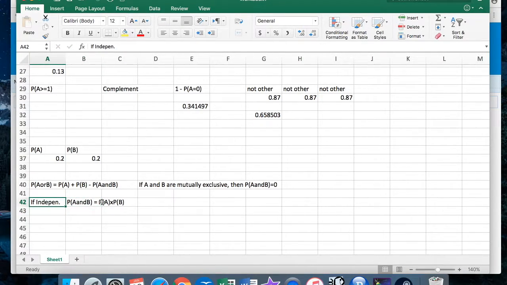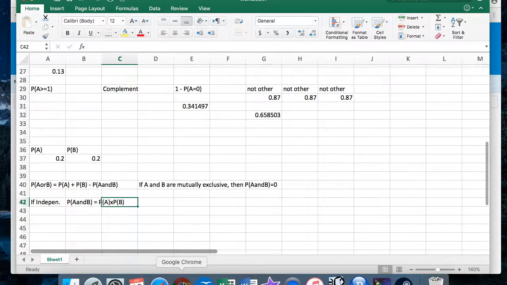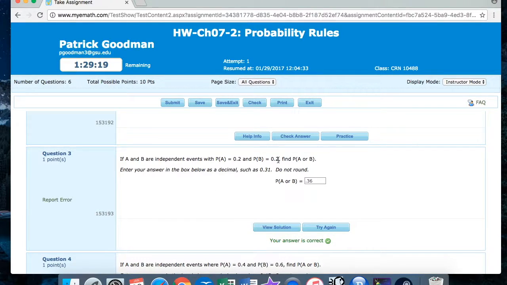So if they're independent, we have this. In other words, probability of A and B, we have this. So all you have to do is find this. Well, what's 0.2 times 0.2? It's 0.04.